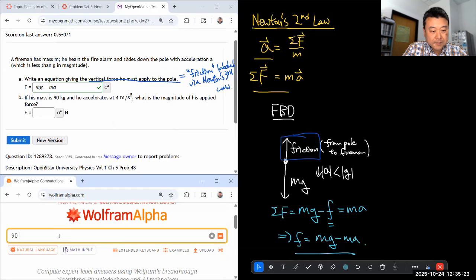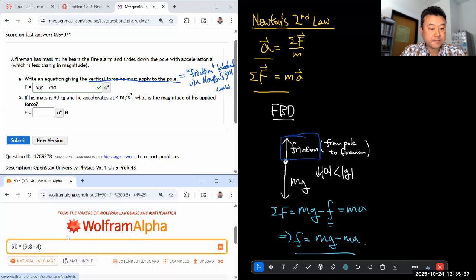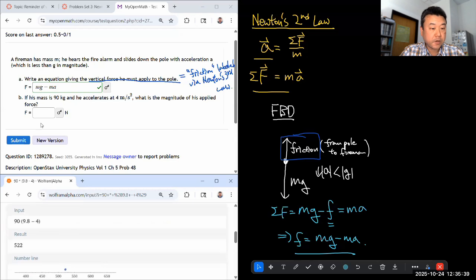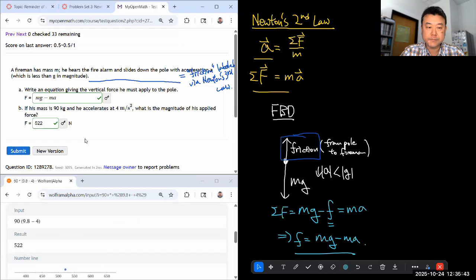So 90 kilograms, I'm going to skip all the units, keep everything in basic SI units. 90 times, I factor out the mass, 9.8 minus 4. So that gives me 522 newtons. Probably right? Maybe. Yeah, good.